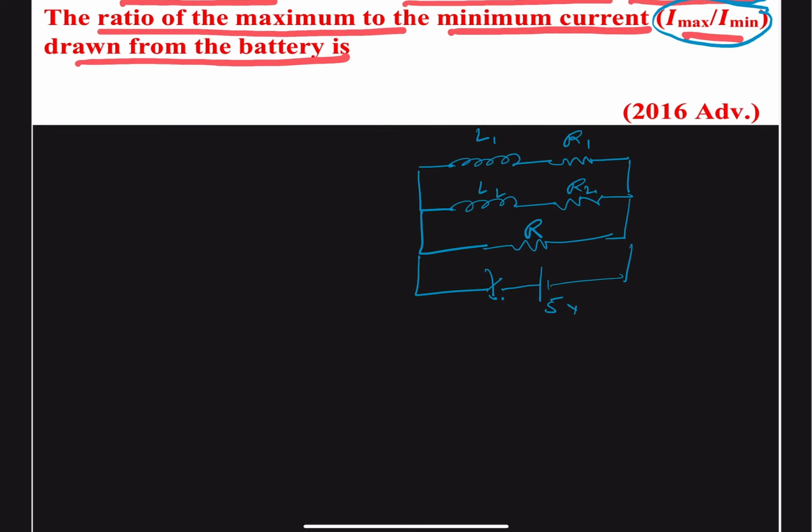We can divide it into two parts. The first is at t is equal to 0 positive, which basically means just after switch on.